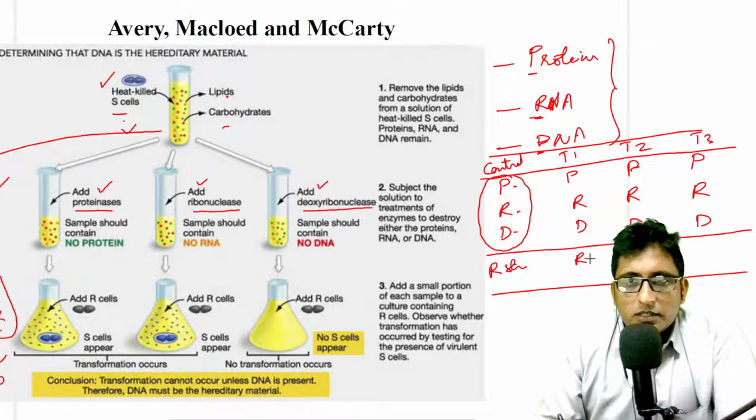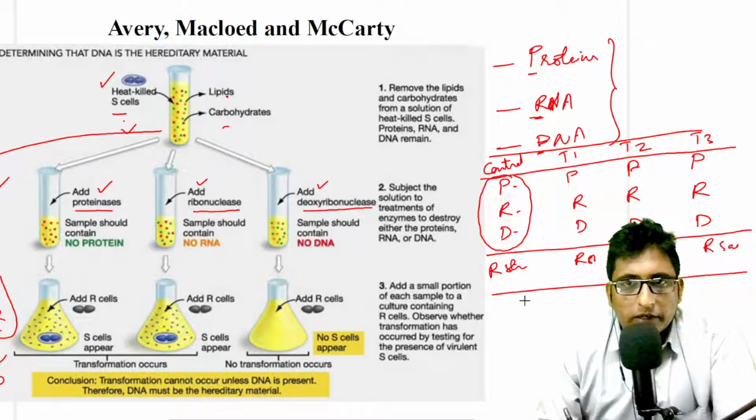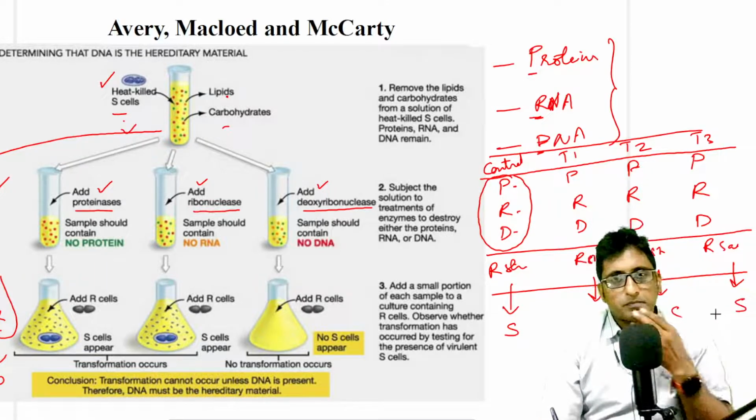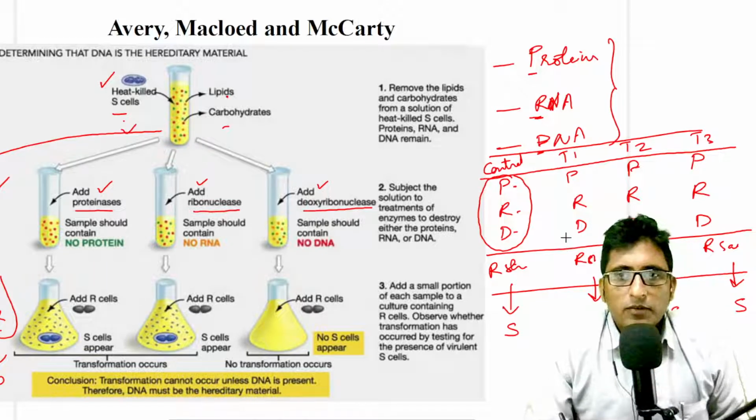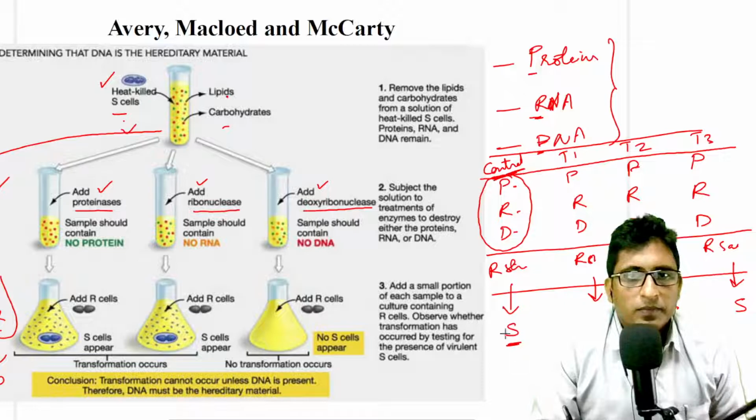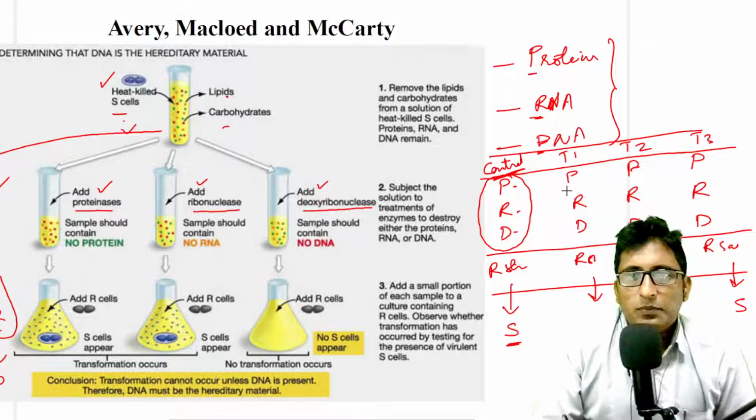And then they wanted to test if there was S strain at all. Did S strain come about because of transformation or not? So what they have done in the first set is just the control, and they were able to see that S strain has formed.